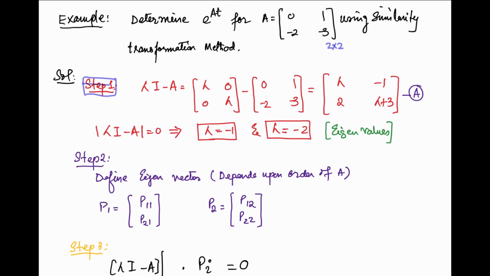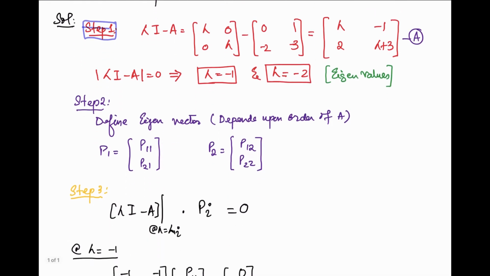Now the next step is to determine these values. So these values are determined by solving the characteristic equation for the eigenvalues, multiplying it with this eigenvector, and that should be equal to 0. So first of all, let's take this eigenvalue.